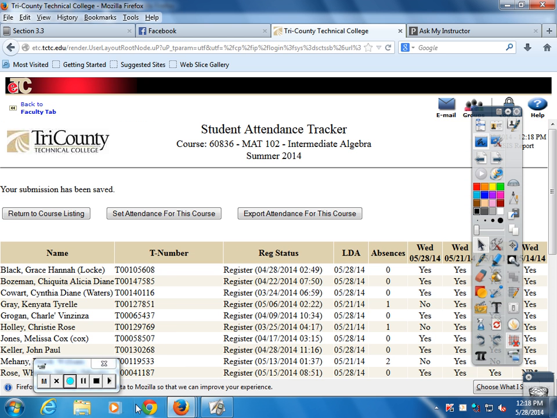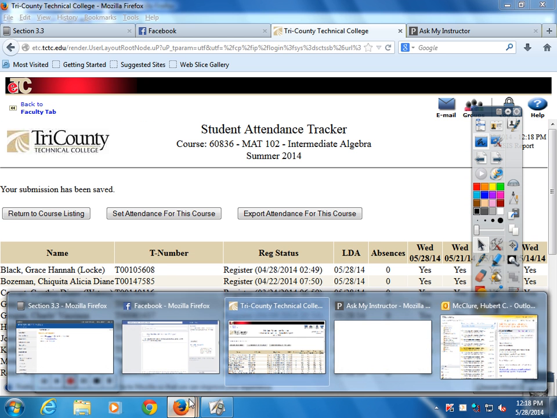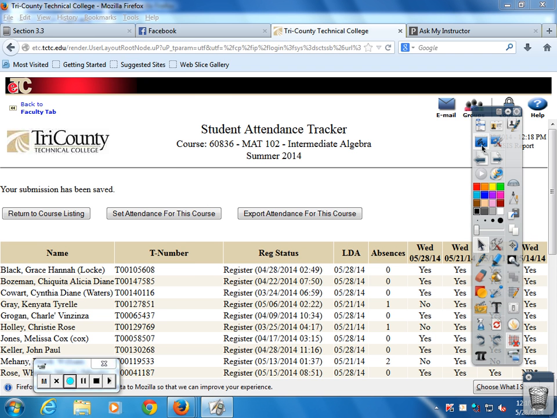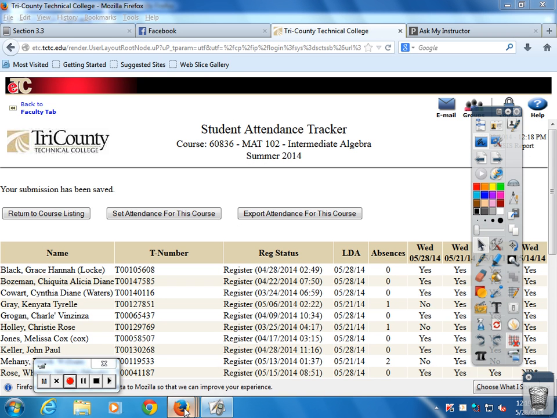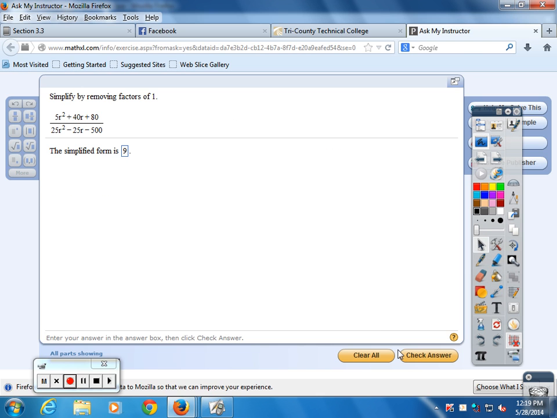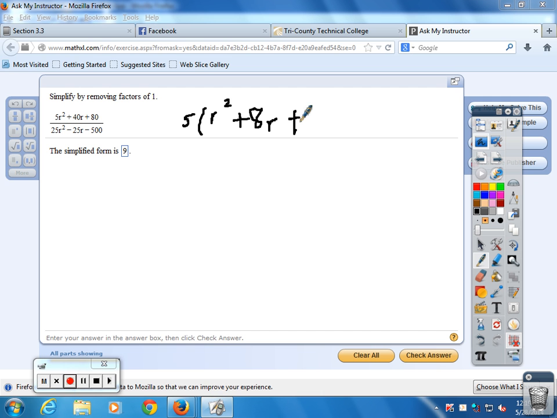Okay. All right, let's do this problem and then y'all can skedaddle. I done lost the problem. Where is it? Okay, there it is. All right, what can come out of the top? 5. Well, let's factor out a 5. And that'll give us r squared plus 8r plus what? 16.